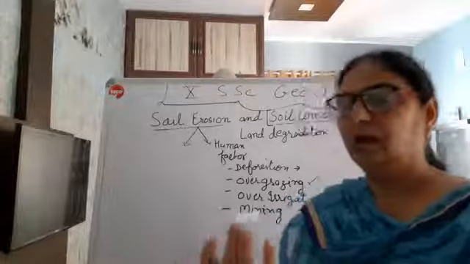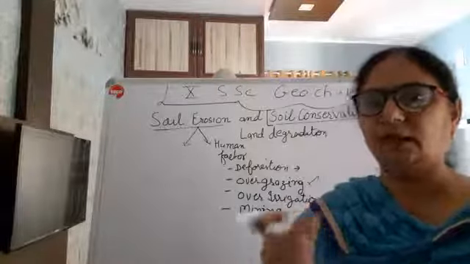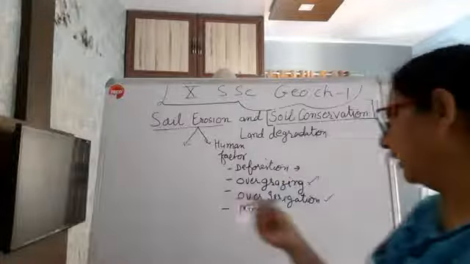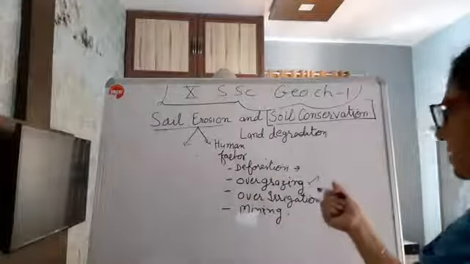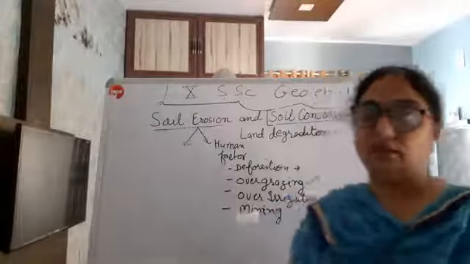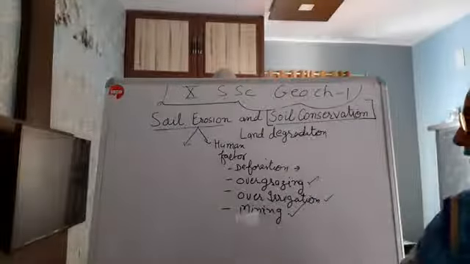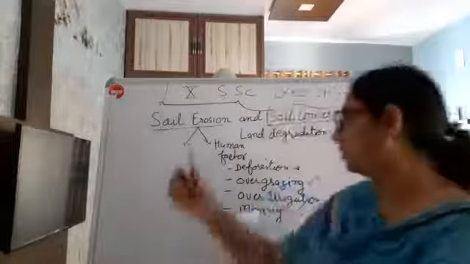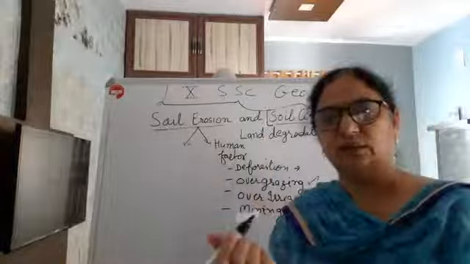It creates alkaline and saline deformity in the soil, in the land. And mining, very important. That also very much affects land degradation, or we can say soil erosion, right?